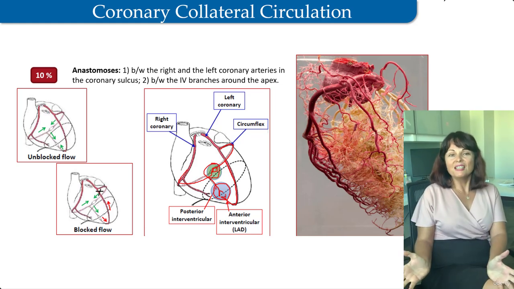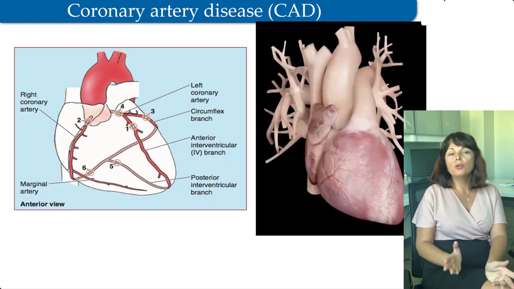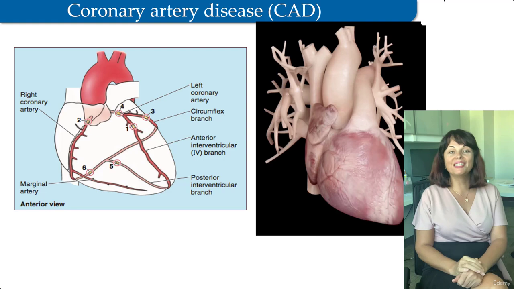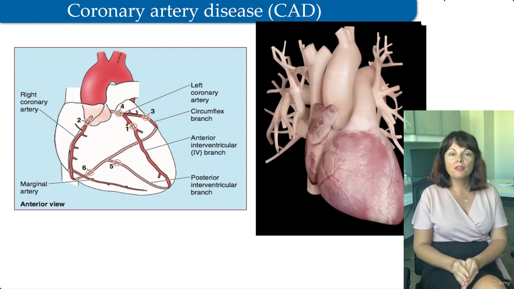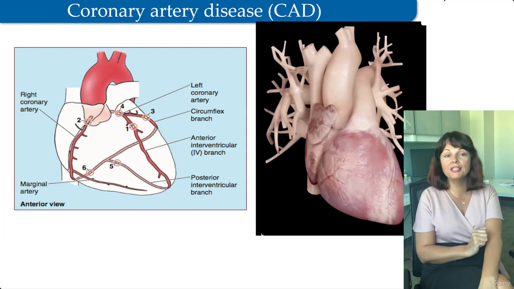And what is the coronary artery disease we are talking about? Coronary artery disease is one of the leading causes of death. It has many causes, all of which result in a reduced blood supply to the vital myocardial tissue. The atherosclerotic process is the most common cause of coronary artery disease.